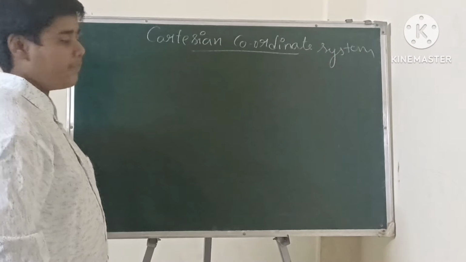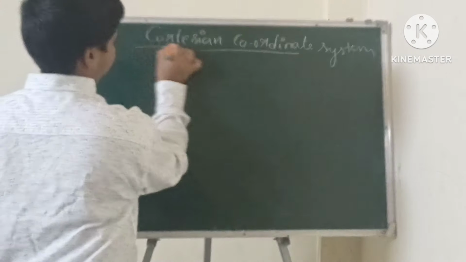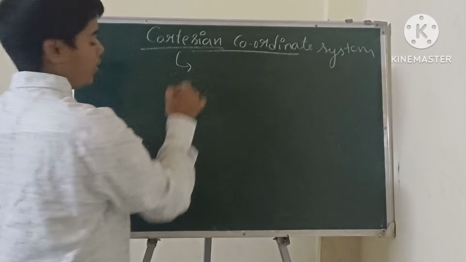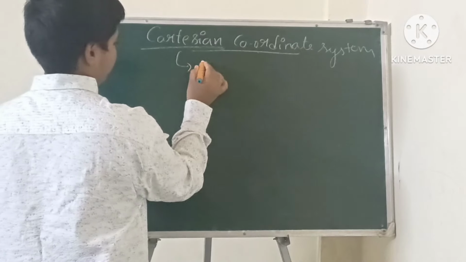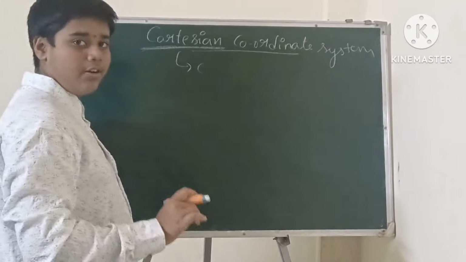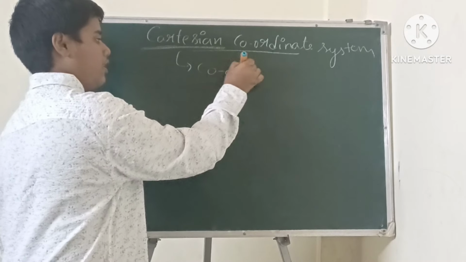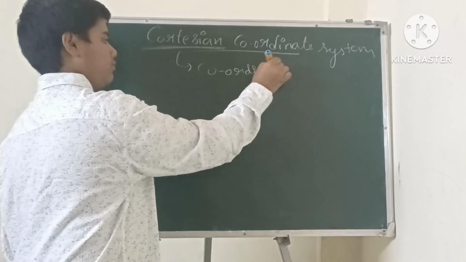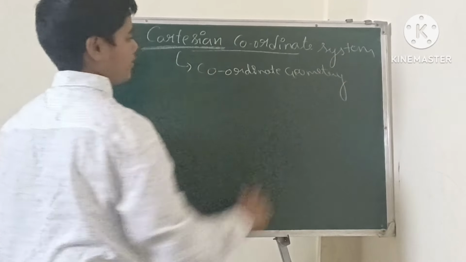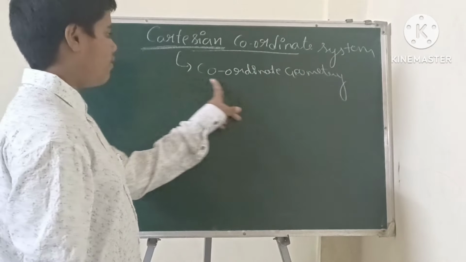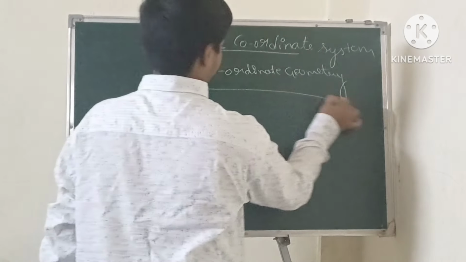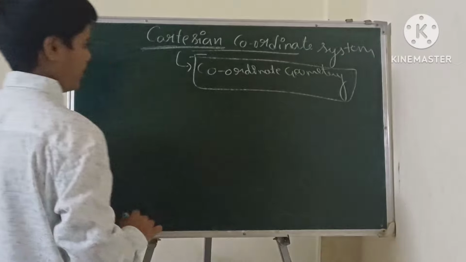Cartesian was a scientist and mathematician who founded coordinate geometry. Okay, remember this point: he founded coordinate geometry.